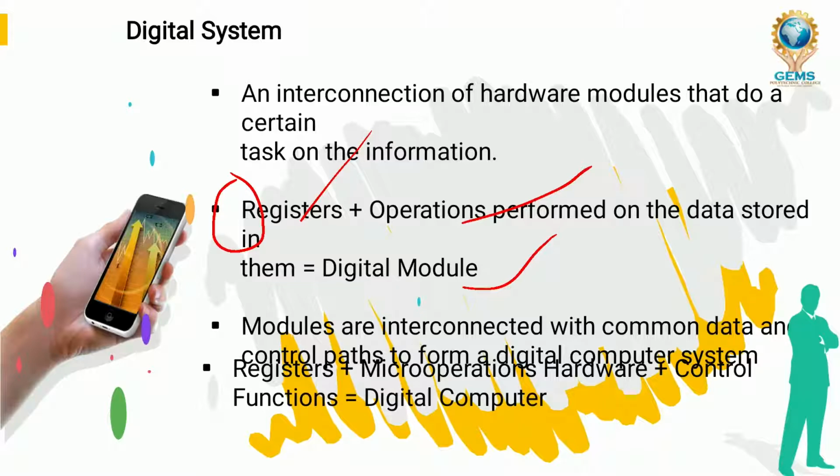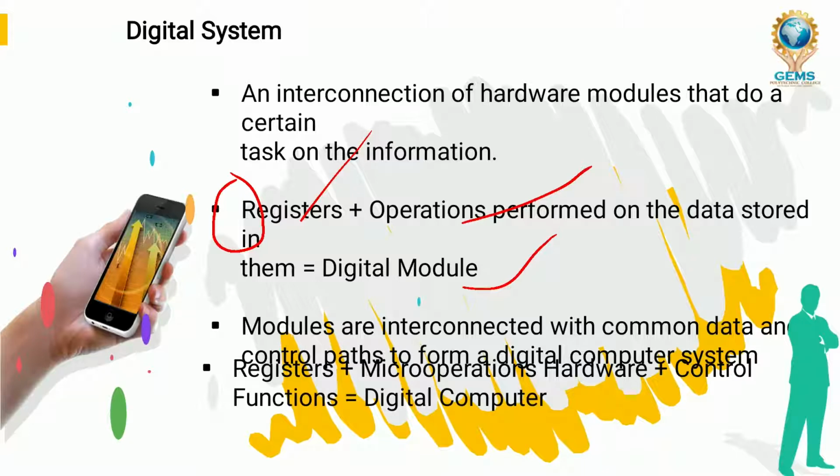A register is there, and inside the register, data is there. Why do we maintain a register? For storing data. Inside the register, data is stored, and we perform operations on that particular data.